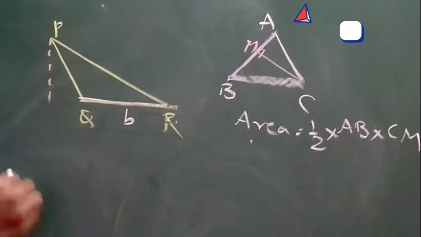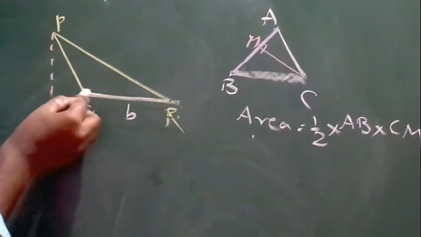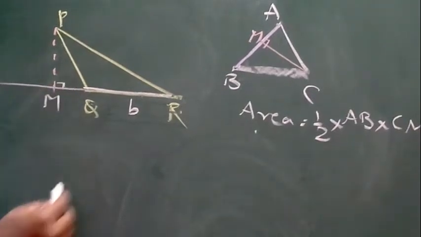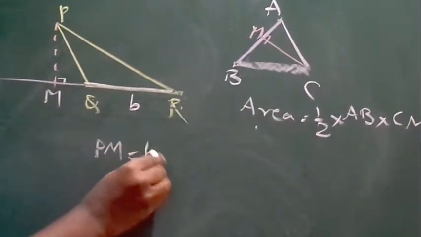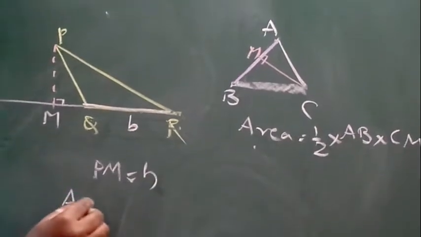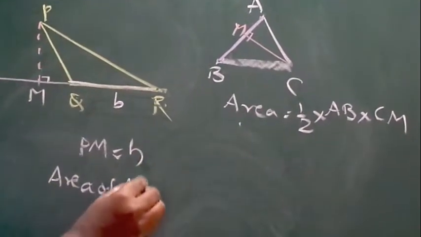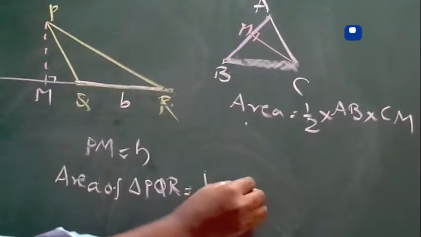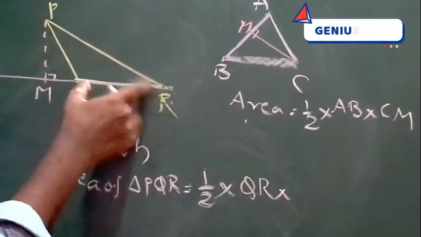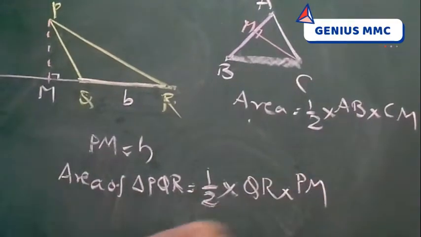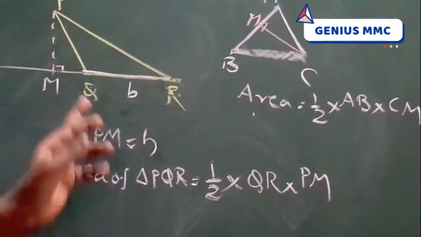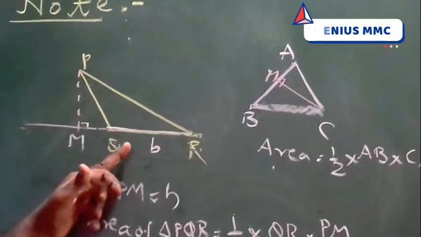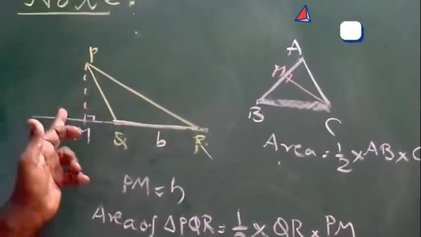And here one more thing: the base should be produced. And this is PM. Here PM is taken as the height. Here what is the area of triangle PQR? Half into base QR into height PM.